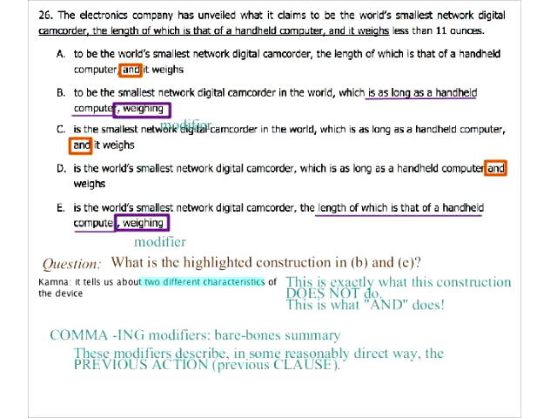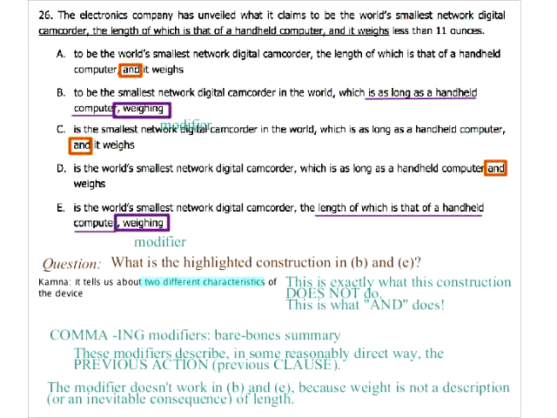You can't really argue in favor of a modifier here. Modifier doesn't work in B and E, because weight is not a description or an inevitable consequence of length. So these are just separate dimensions.